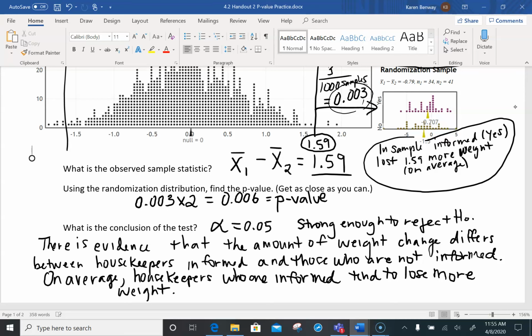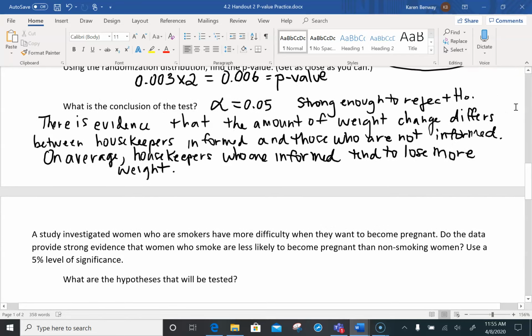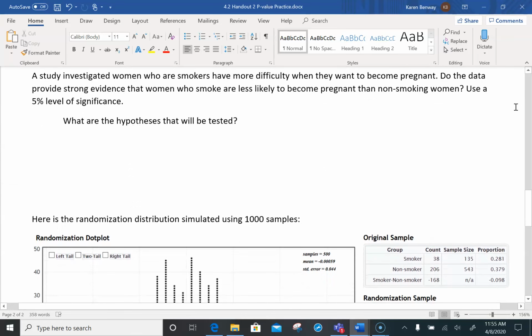So there's one example. Take a look at one more. Okay, so this study investigated whether women who are smokers have more difficulty when they want to become pregnant. And we're going to decide, do the data provide strong evidence that women who smoke are less likely to become pregnant than non-smoking women?